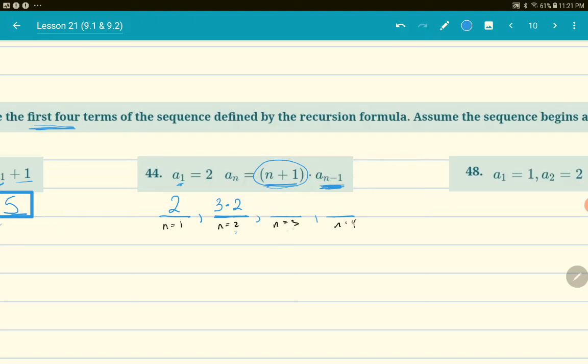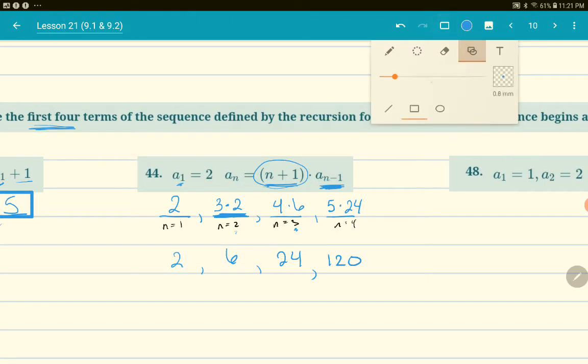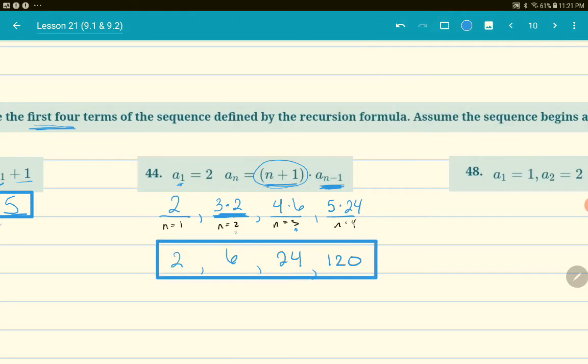For the next one, n plus 1 is 3 plus 1, which is 4, times the previous number, 6, which gives me 24. Then for a 4, n plus 1 is 5 times the previous number, 24, which gives me 120. So there's my first 4 values of this sequence.